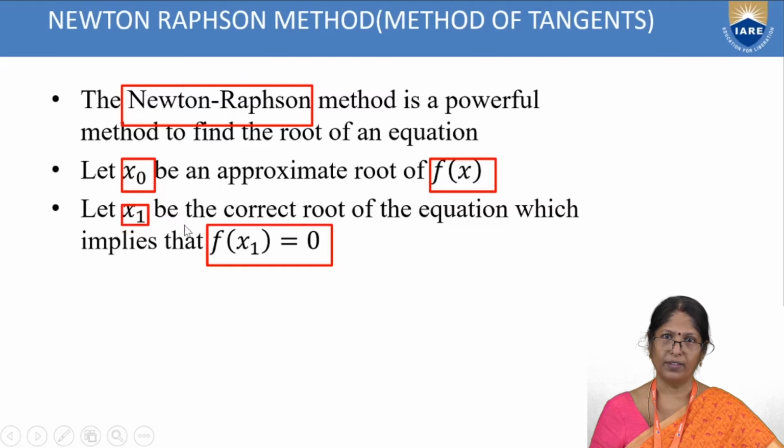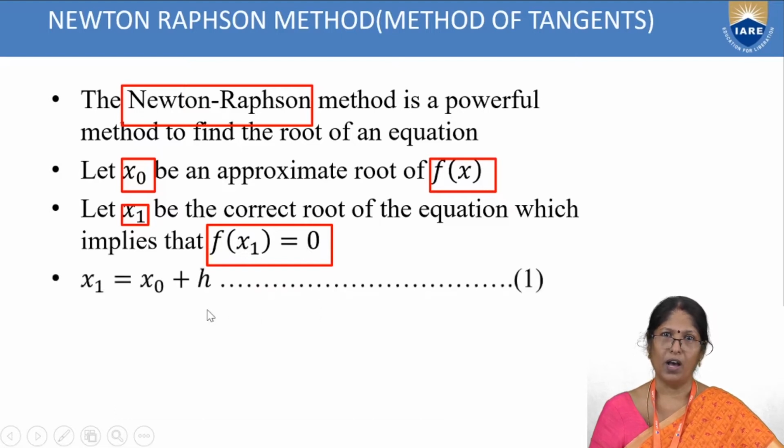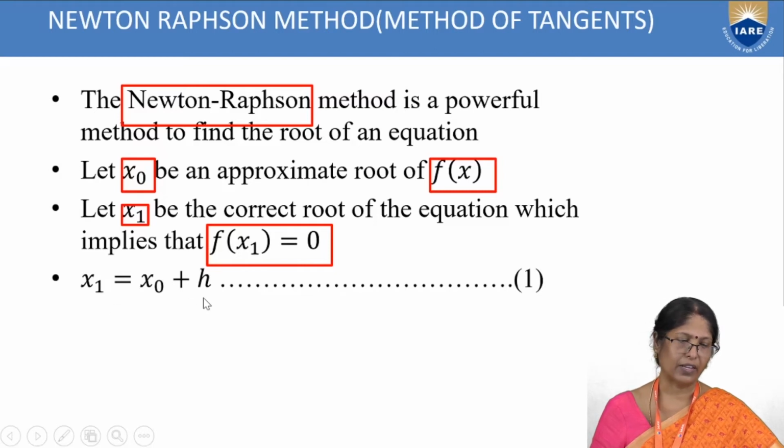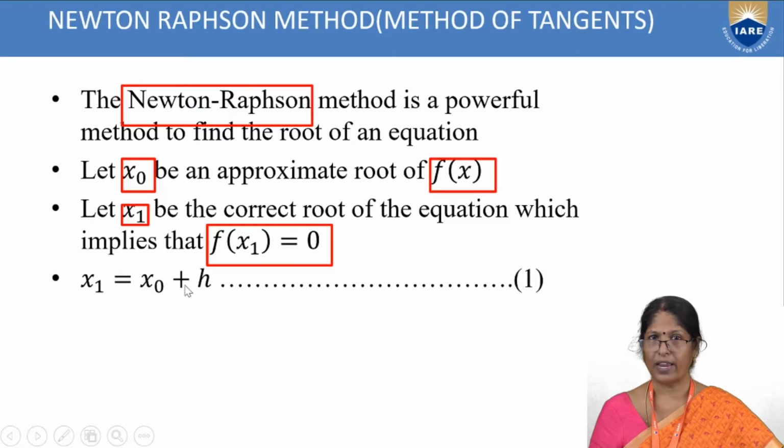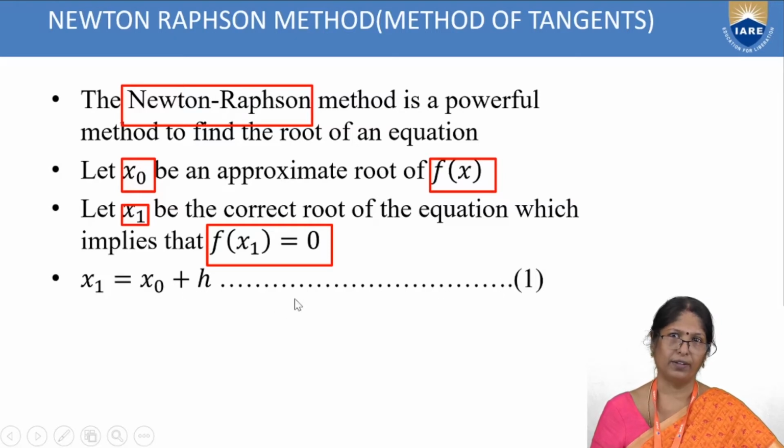So you can see this x1. We are substituting into the equation, so f of x1 equals 0. Now x1 is nothing but x0 plus h that we have taken. If you take just one example, say 10, 20, 30, the three data points are there.